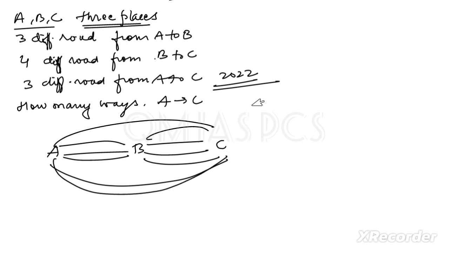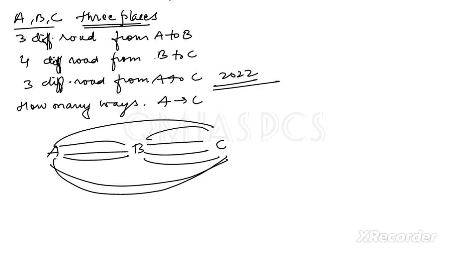Now one person has to go from A to C. So how many different ways are there? That we have to find, right? So go basic, try the basic way.